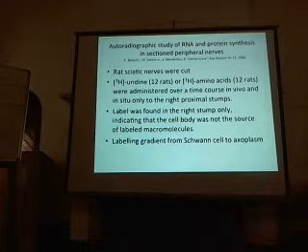Even back, so Boli has been working on this for 30 years now. So even back in 1982, he showed that you cut rat sciatic nerves and applied tritiated uridine to label RNA or tritiated amino acids to label proteins on one side, only to the right ones that were severed, not to the left. Those were controls.